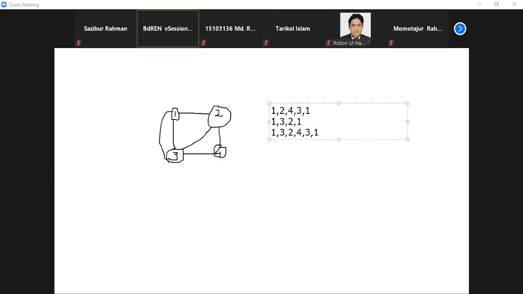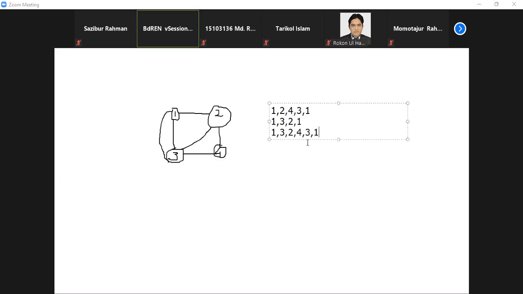It can also be a cycle. So you have seen the possible paths starting and ending at the same node, which are considered as a cycle.